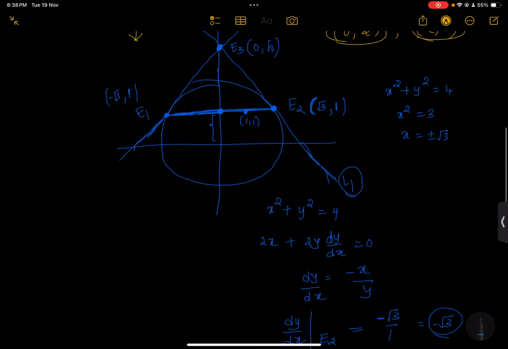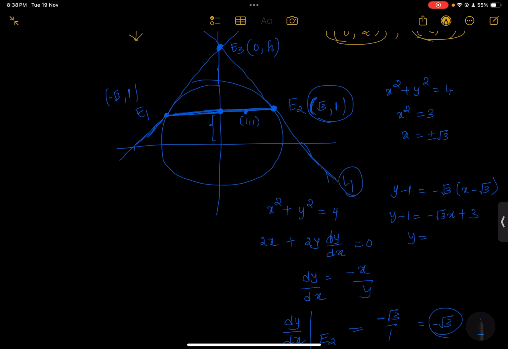You know the slope of L1 and it also passes through this point, so we can write the equation. y minus y1 is equal to m, the slope, into x minus x1, which is root 3. So y minus 1 is equal to minus root 3 x plus root 3 times root 3, that will be 3.